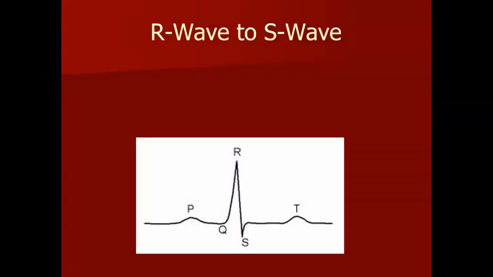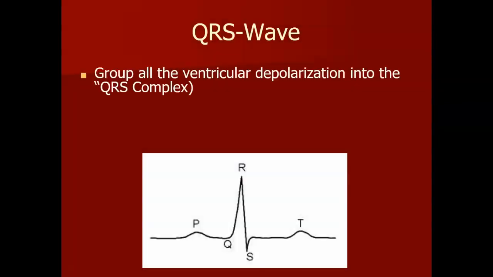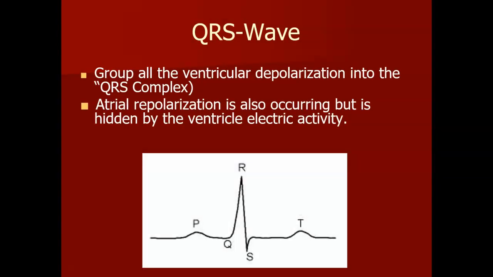The R wave to the S wave represents depolarization of the main mass of the ventricles. Remember that the depolarization, or contraction, is going to start at the apex, which represents the R wave, and it's going to move towards the base or the top of the heart, which kind of represents the S wave. So when we look at the QRS wave as a whole group, this is the electrical activity occurring as the ventricles depolarize.